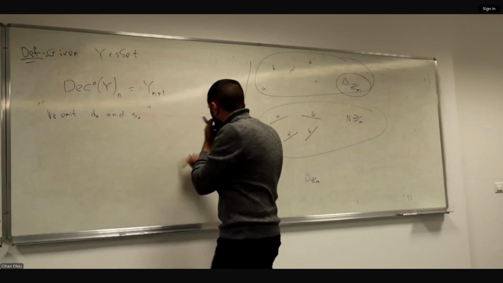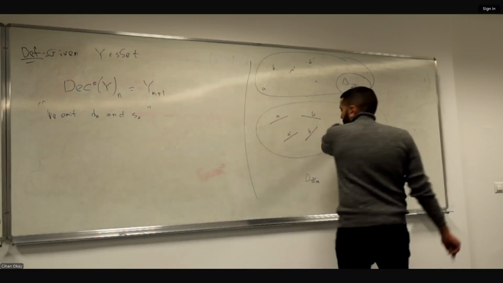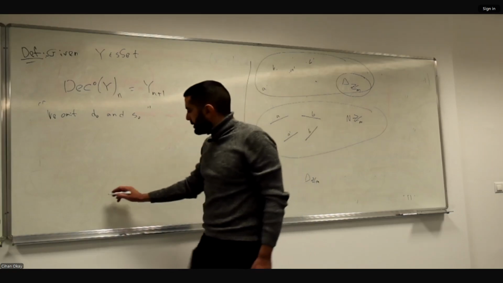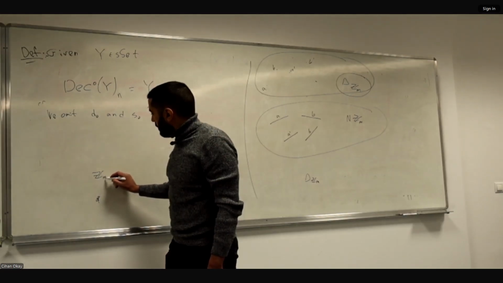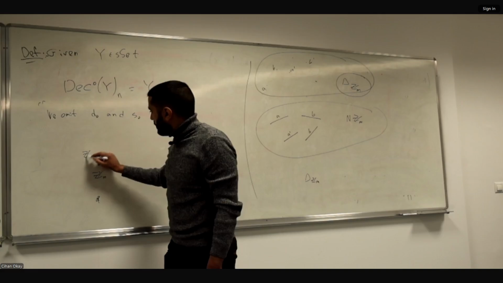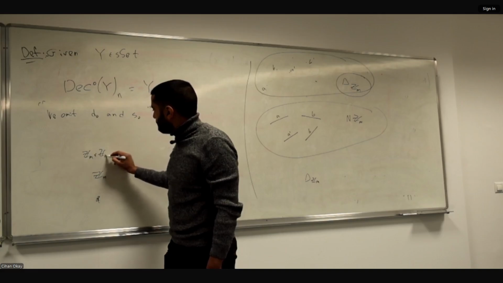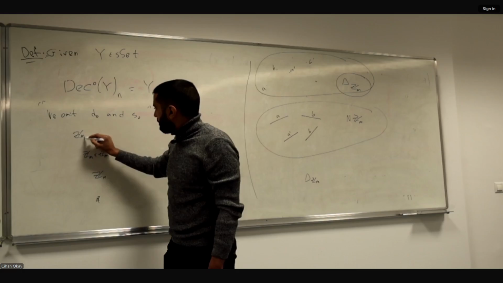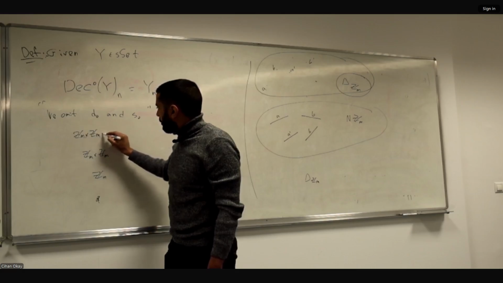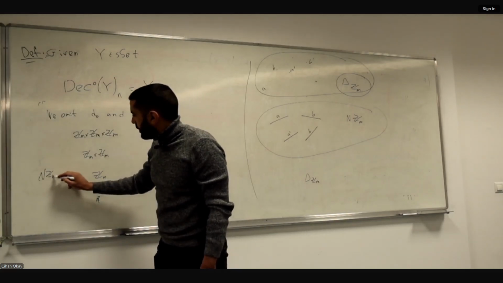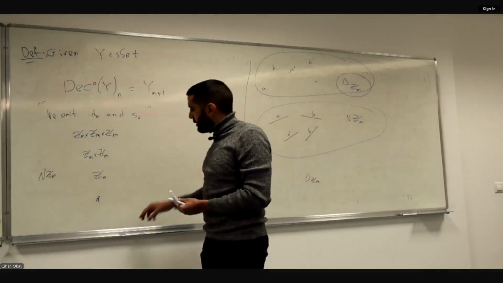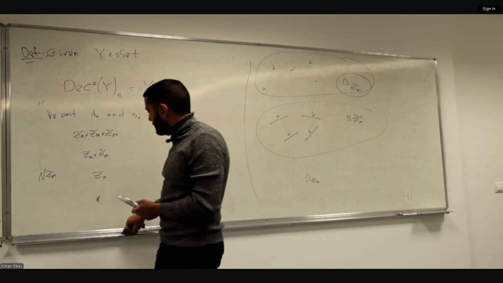Let's do this for the nerve as an example. What is the nerve? Here we have Z, here we have Zm, here we have Zm cross Zm. This is the nerve of Zm, right? And you understand the maps here.